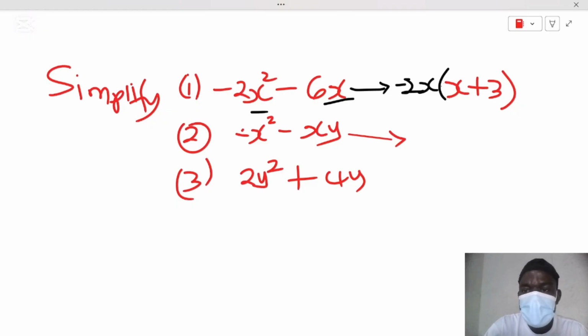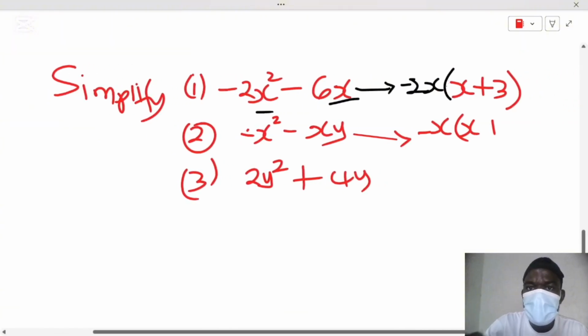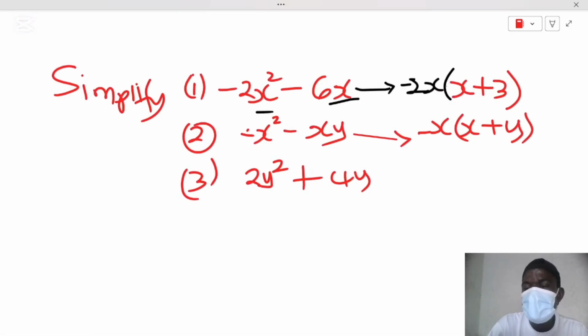You start with the sign, which is negative, and the common factor is x. Negative x squared divided by negative x is x, and negative xy divided by negative x is positive y. So you're done with that one.